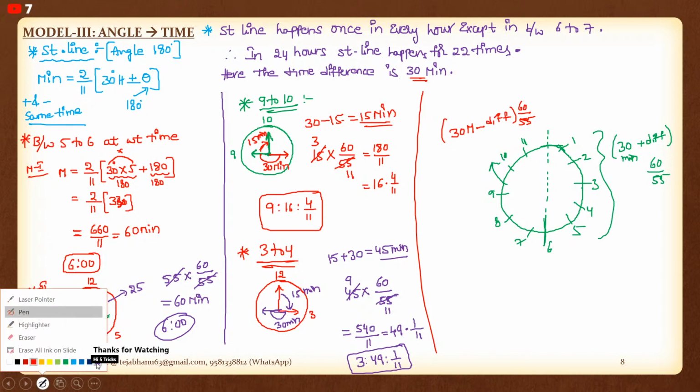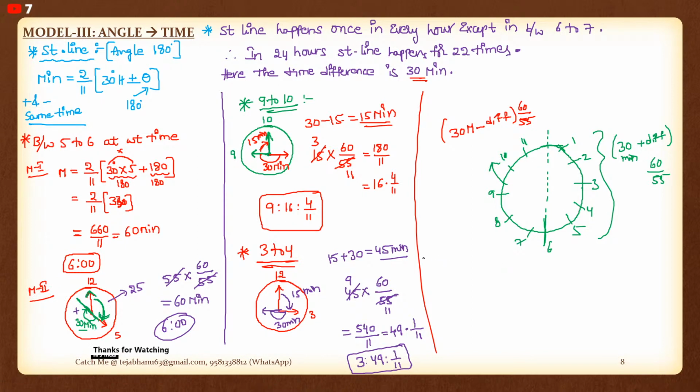Now have a look, I'll explain the last question. Between 7 to 8, at what time are both hands in a straight line? See, simple thing is 7 to 8 lies in this part.